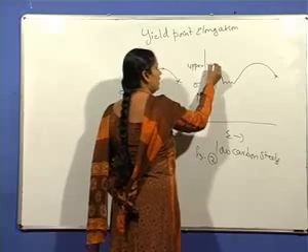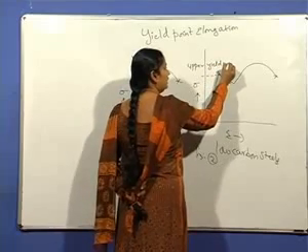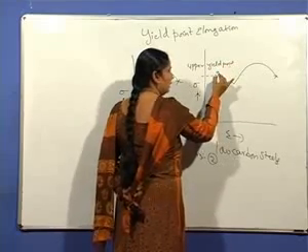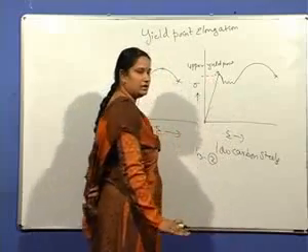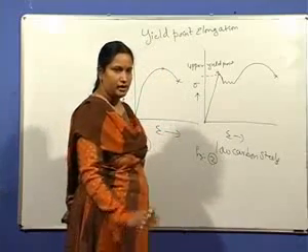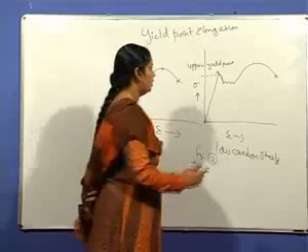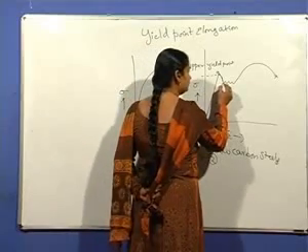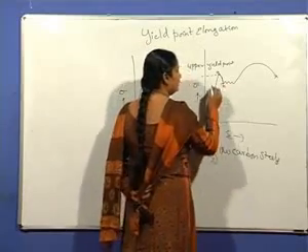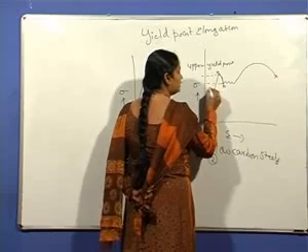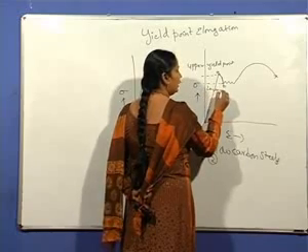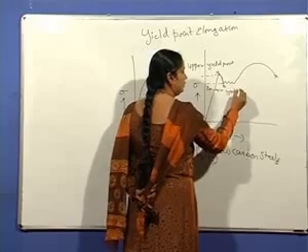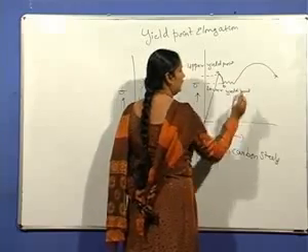At the upper yield point, the material undergoes yielding suddenly and the stress drops down to point B. This is the point B. This is known as the lower yield point.